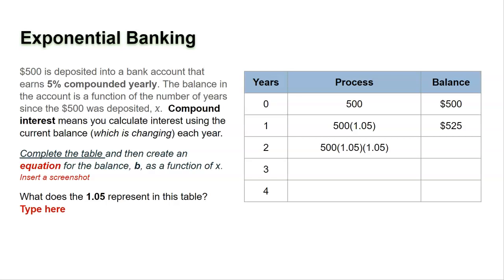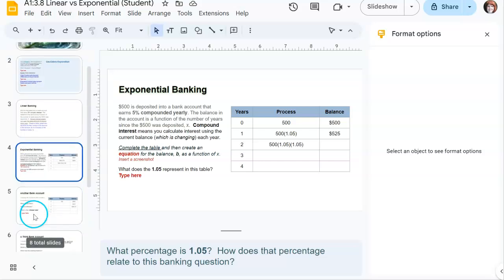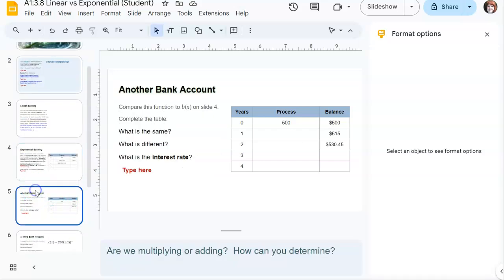I've given you some extensive show notes for teachers to help you with this conversation, but this is a critical conversation to have, so let's be sure we have it. In their notes, I asked them directly, what is 1.05 as a percentage? Hopefully this is giving them a pretty solid understanding of what this exponential growth is looking like.